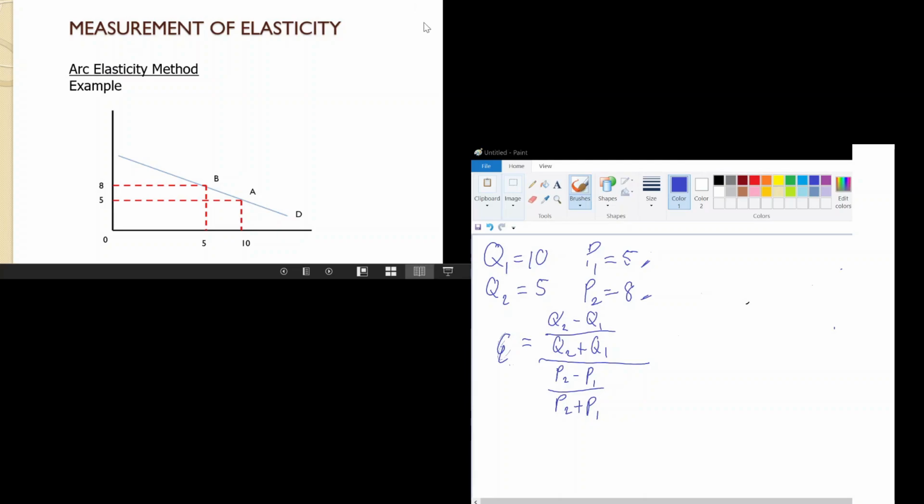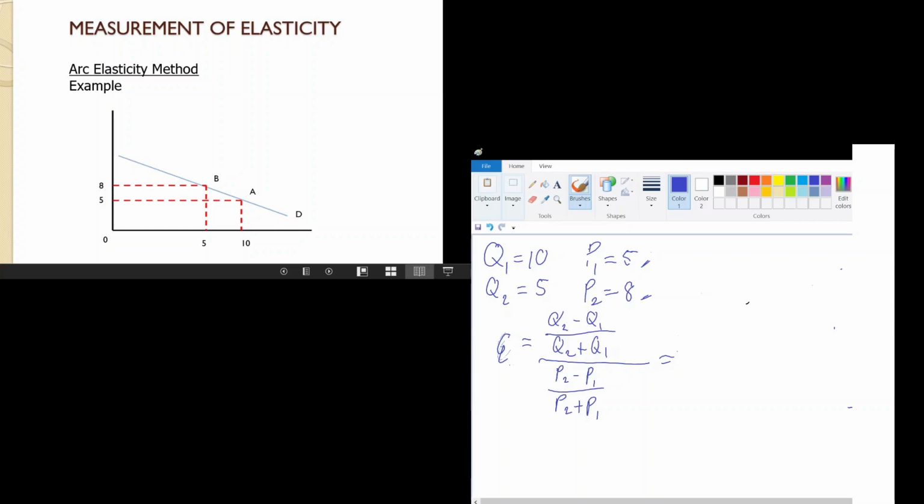So, sa taas is minus plus, tapos sa baba, minus plus. Okay? Then, we will just input our values. So, ang challenge lang dito, later on, is yung pag-identify mo, ano ba yung P1, ano yung Q1, ano yung second na given.